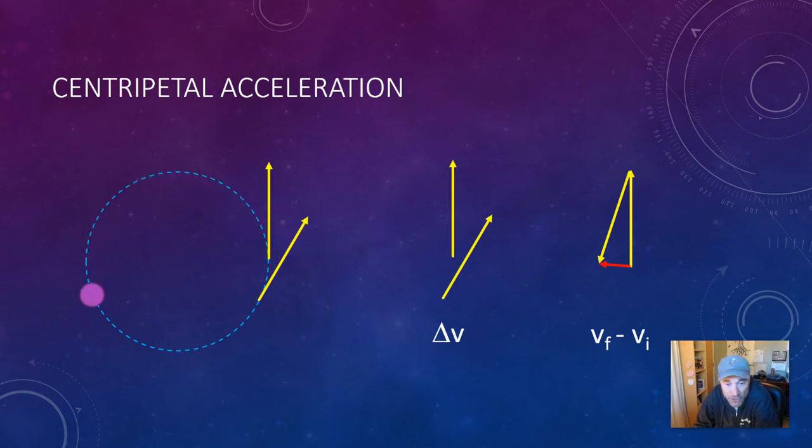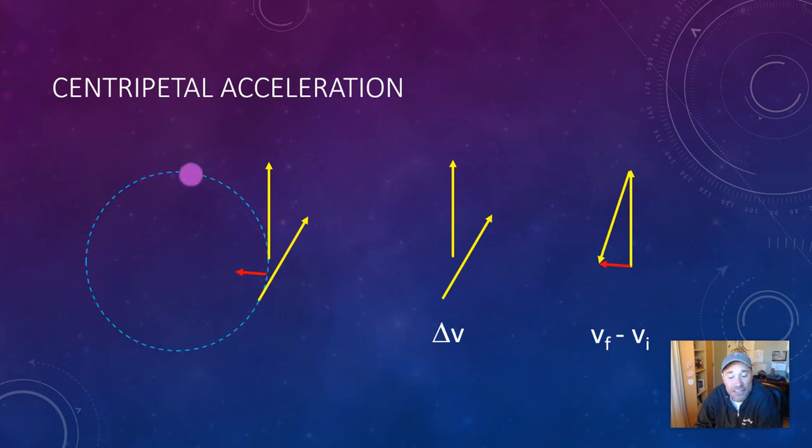Turns out that this direction, if I place it back on the circle, is pointing towards the center of the circle, which means the change in velocity vector is pointing straight toward the middle of the circle. And that's true for any of our changes in velocity, which means that our acceleration is always pointing towards the center of the circle, no matter where it is around.